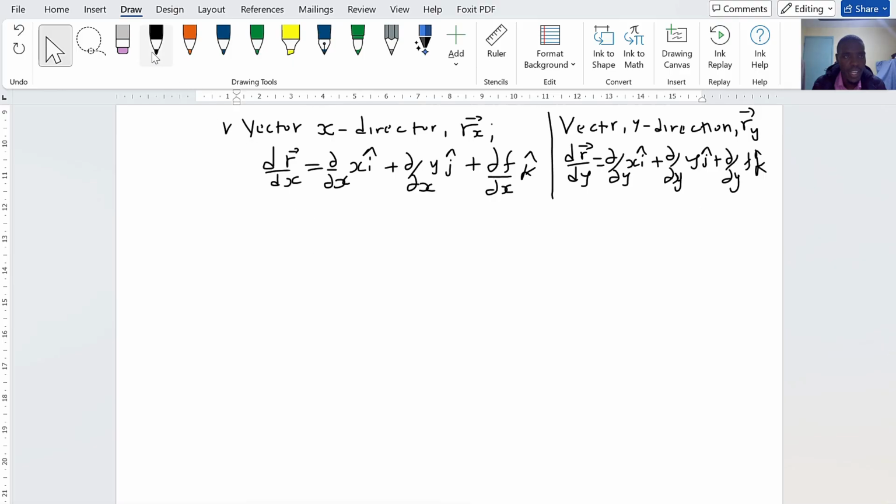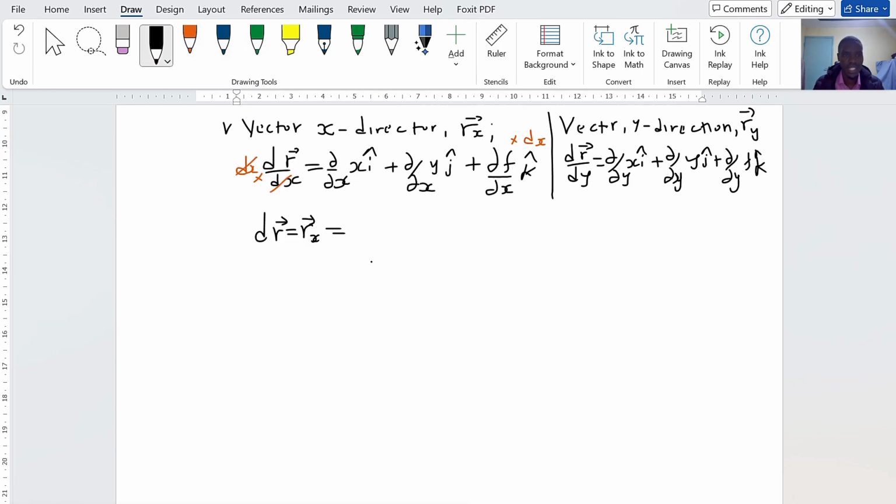Now what happened here? We can multiply this here. So what do we have? dr, which is the same as our r_x vector, will be, I will just multiply here by dx and also the whole thing by dx, so that I remove the dx here.